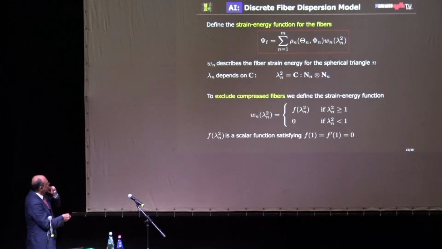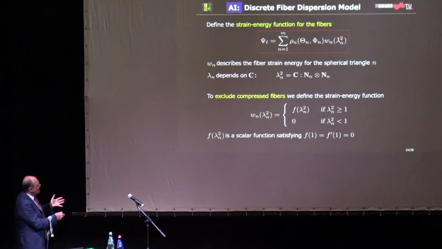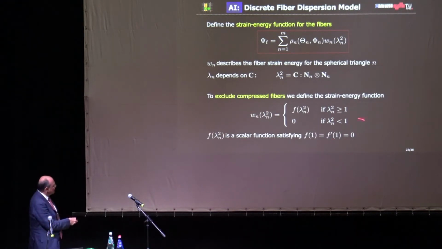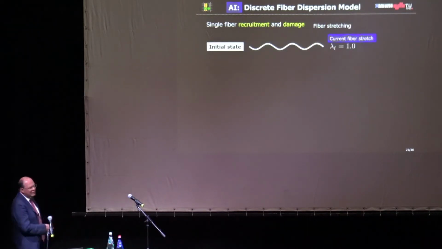Okay? And this Wn can then be any function. It could be a linear function, could be an exponential function, but we just say we take that if this is larger than 1, otherwise we just say it's 0. And we also have to satisfy the condition that f at 1 or f prime at 1 is equal to 0. So we have used an exponential function here also.